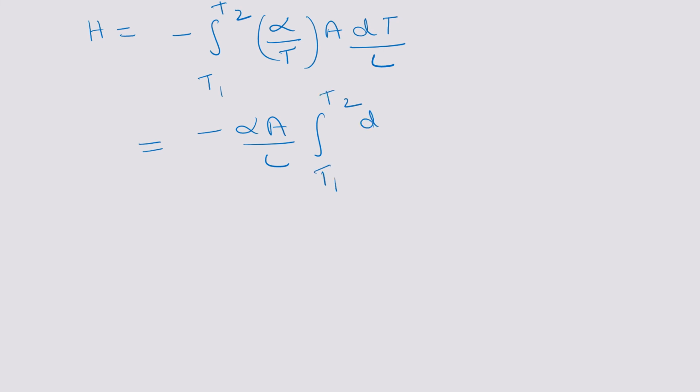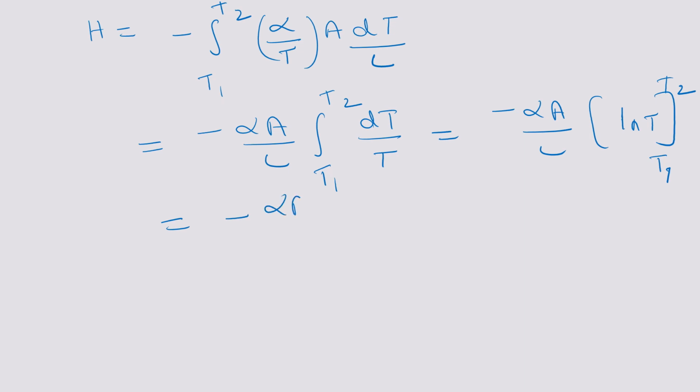So that is equal to minus alpha A by L of ln T from T1 to T2. So that is equal to minus alpha A by L into log T2 minus log T1.